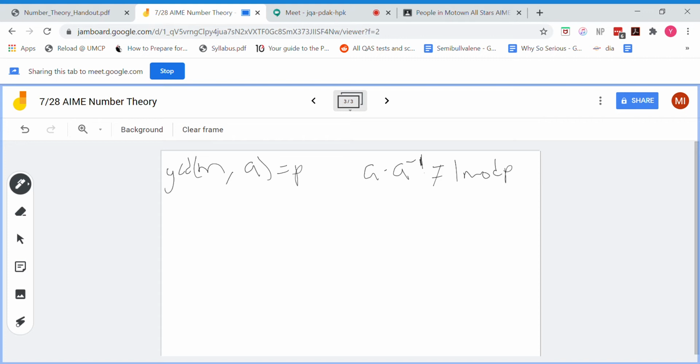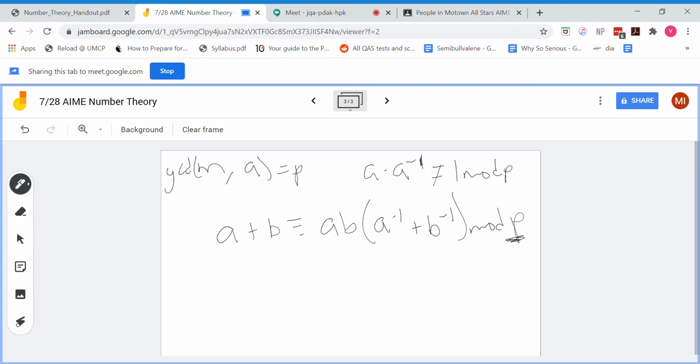Right? So there's a rule with inverses, and this rule states that A plus B is congruent to AB times (A inverse plus B inverse) mod P. From now on, instead of working with M, we're going to work with P, where P is prime.